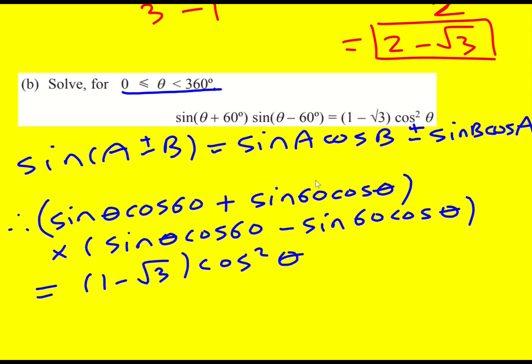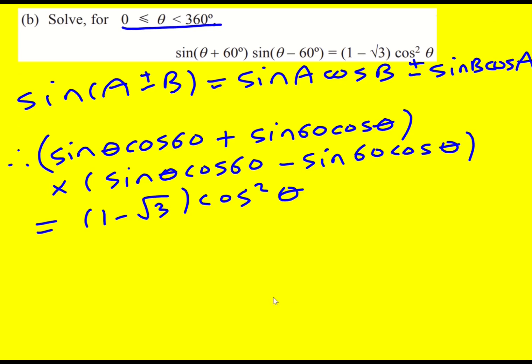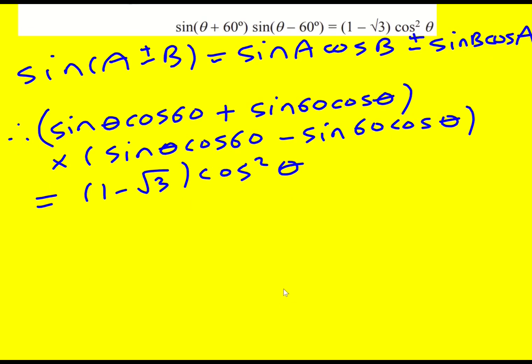That might not look any better, but in fact it's a lot better because we don't want to be having theta plus 60 and theta minus 60 going on. Now I always remember sine looks like this. We get to a half, that's going to be sine 30, and then we get to a larger value, which is root 3 over 2. That's what sine 60 is.